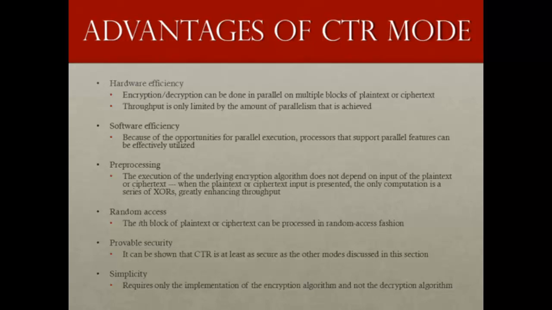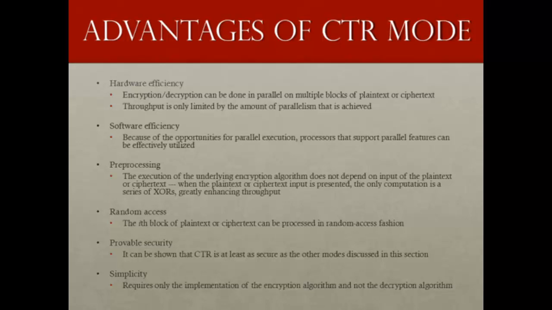The execution of the underlying encryption algorithm does not depend on input of the plaintext or ciphertext. Therefore, if sufficient memory is available and security is maintained, preprocessing can be used to prepare the output of the encryption boxes that feed into the XOR functions. When the plaintext or ciphertext input is presented, the only computation is a series of XORs. Such a strategy greatly enhances throughput.